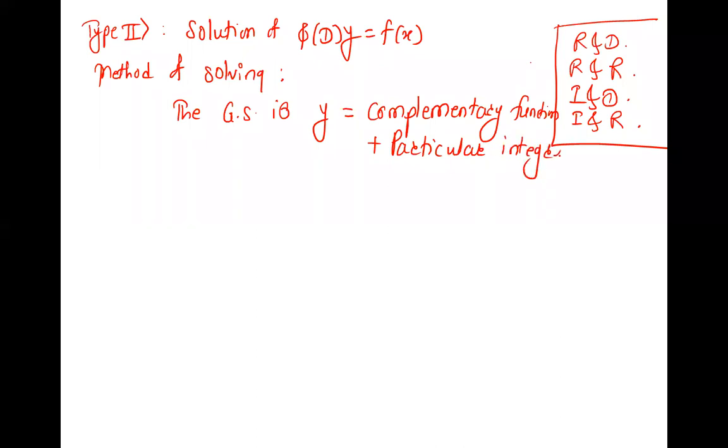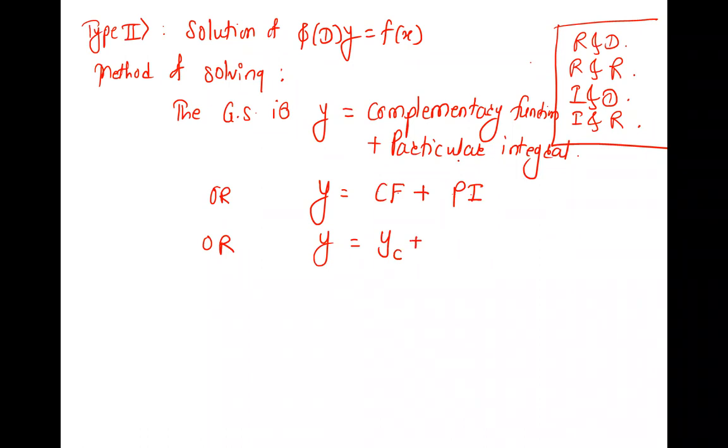Now these 2 words are new to you. What is complementary function and what is particular integral? Complementary function can also be written as CF, and particular integral as PI. So y is CF plus PI, or complementary function is denoted by YC and particular integral is denoted by YP.